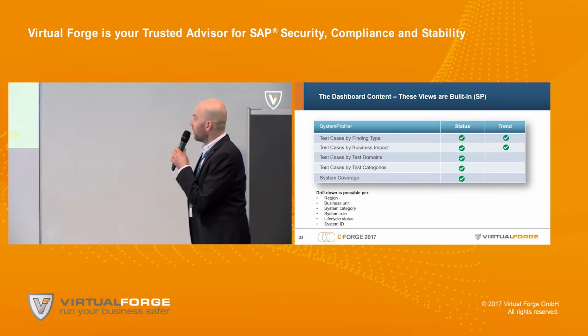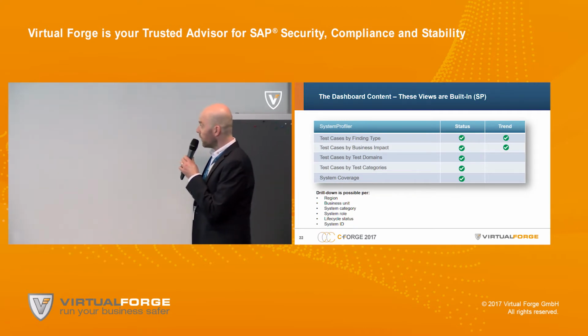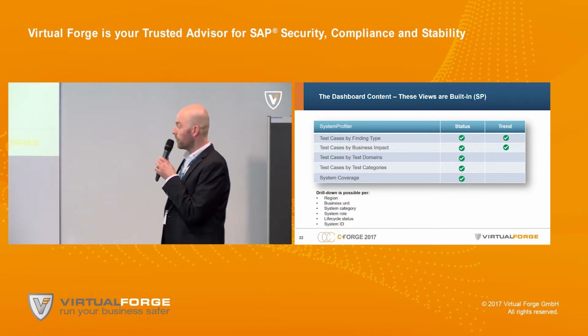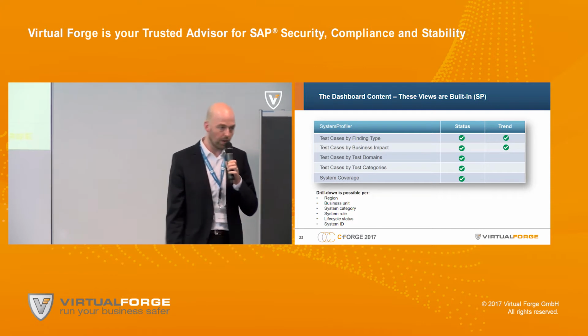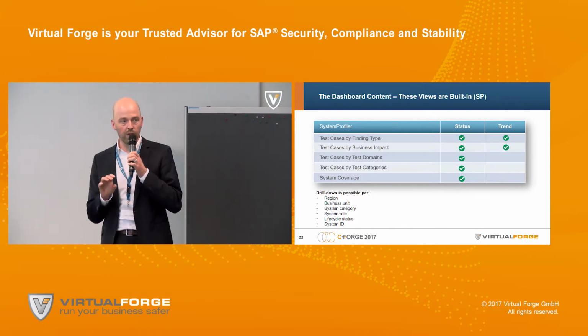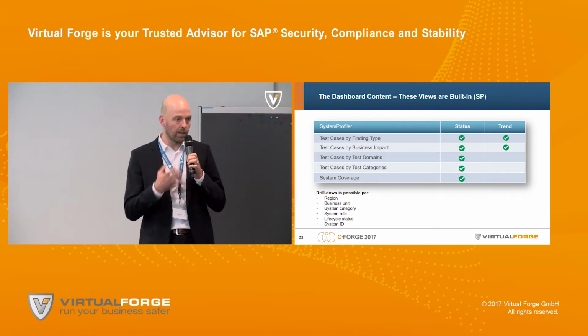Okay, and for SystemProfiler, we also have 5 status views. The test cases per finding type, you've seen that in Joachim's demo in the beginning, where you see a distribution of the returned findings by the finding type.